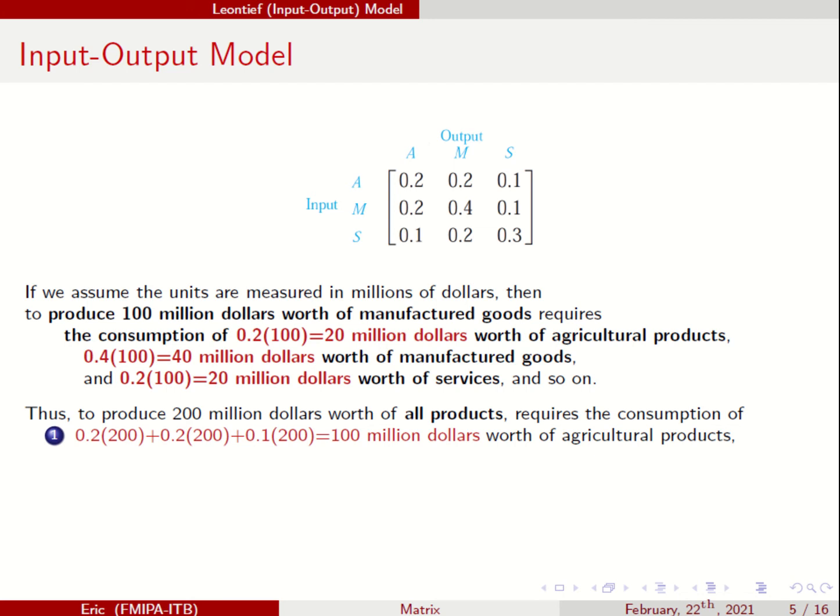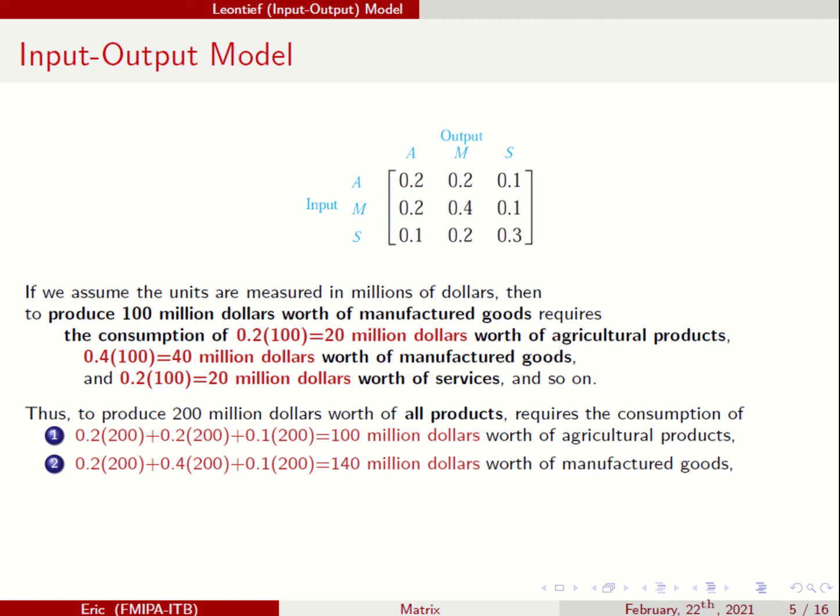This is the total consumption of the agricultural product if you want to produce 200 units of A, 200 units of M, and 200 units of S, which is $100 million worth.